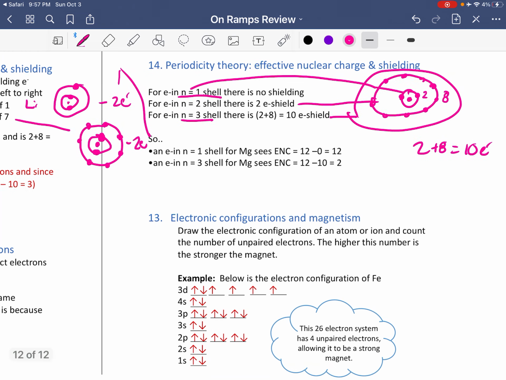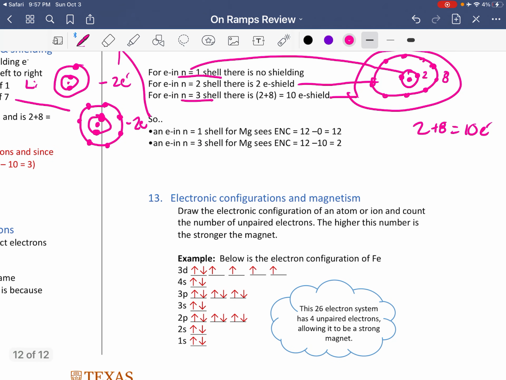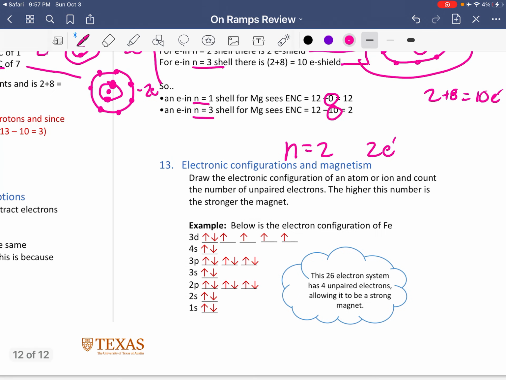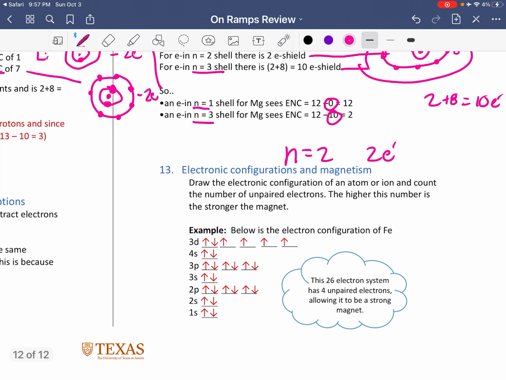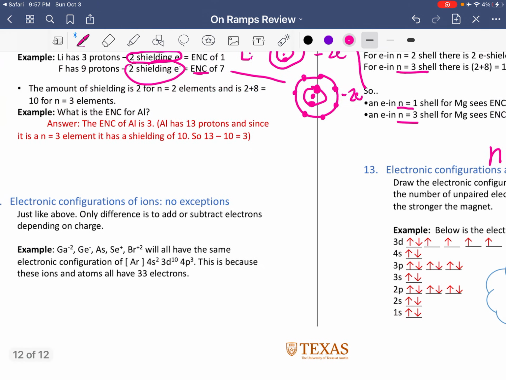Okay? So once again, n equals 1, we have 0 shielding, n equals 3, 10, and n equals 2 will be 2 electrons. Okay? So if you just remember that, you should be good to go for tomorrow.